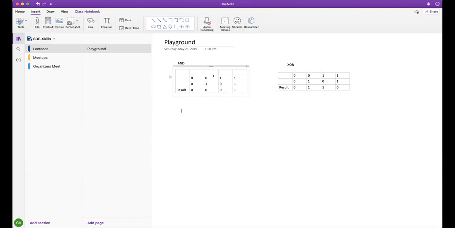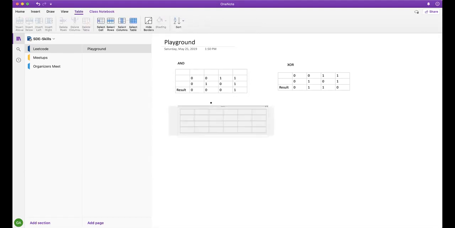So these two operators are clear, AND and XOR, correct? Okay. Let me take one example now. Let's say the first number is 4, and the second number is 2. What should be the representation of 4? 1, 0, 0.